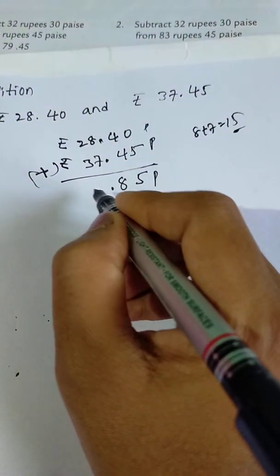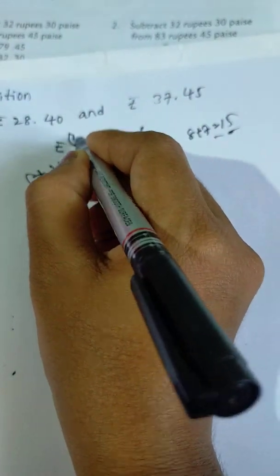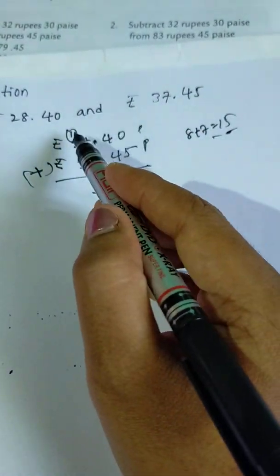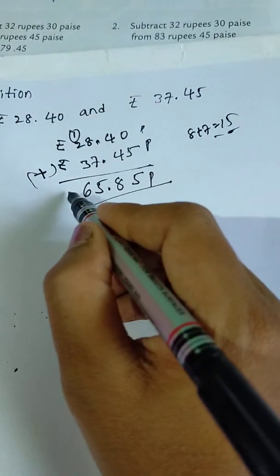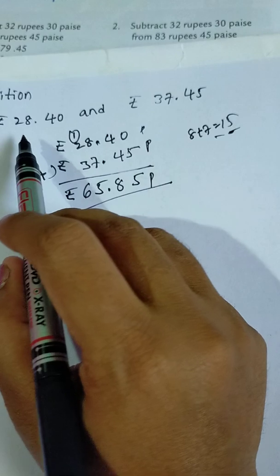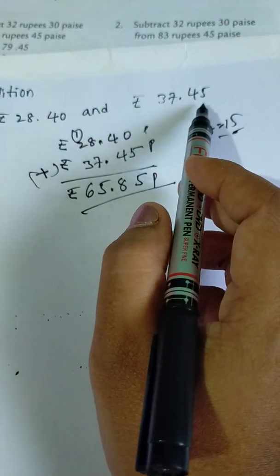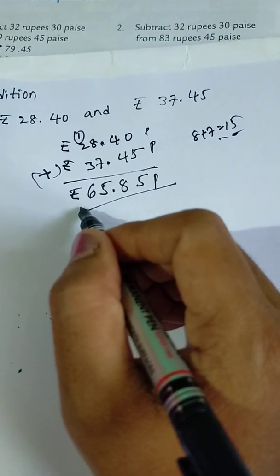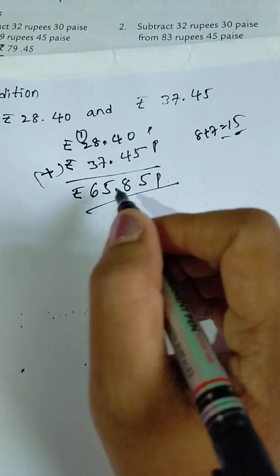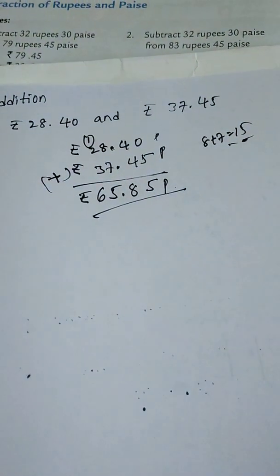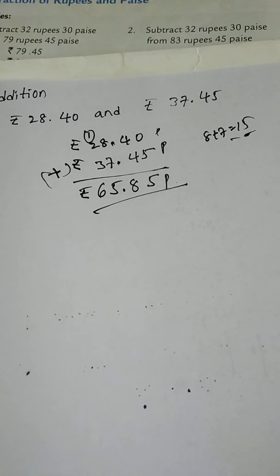So 5 is written here and 1 goes to the next place value. 1 plus 2 is 3, 3 plus 3 is 6. So the addition of 28 rupees 40 paise and 37 rupees 45 paise is equal to 65 rupees 85 paise. This is the addition of rupees and paise.